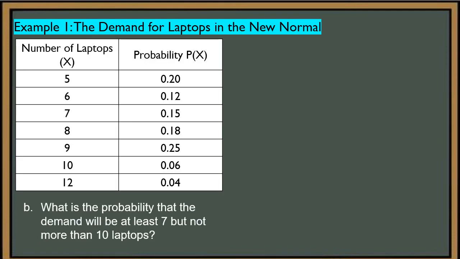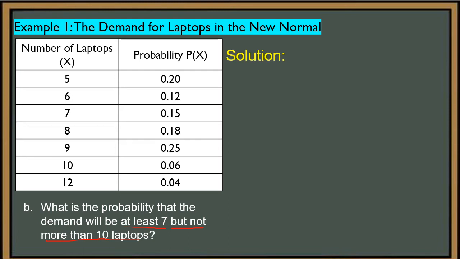Okay, next question. Let us answer question number 2, or letter B. What is the probability that the demand will be at least 7 but not more than 10 laptops? How do we express that mathematically?